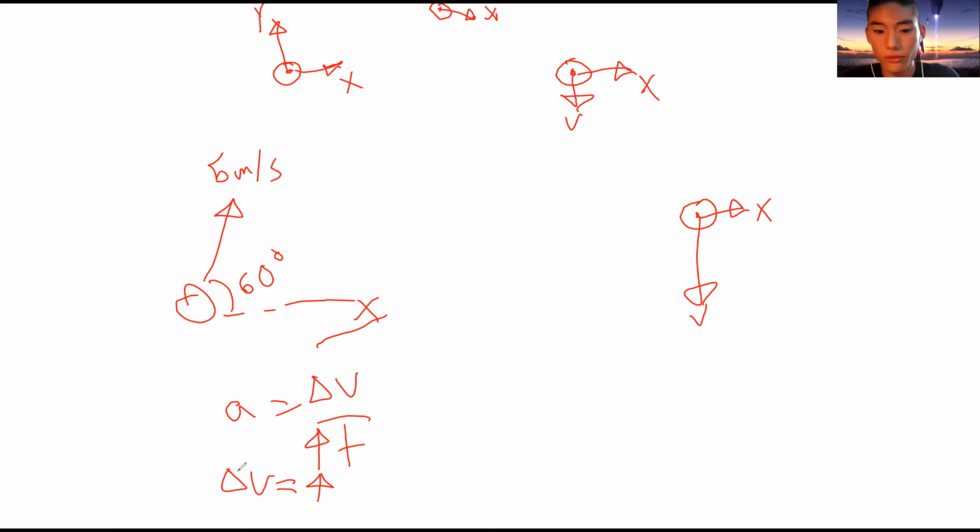It's constant, it's uniform. So because time is increasing, when your denominator increases and your acceleration is constant, you want to keep that equation true. The only thing you can do is increase your change in velocity as well.